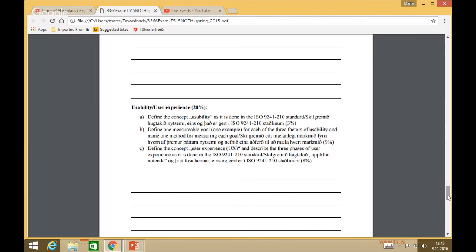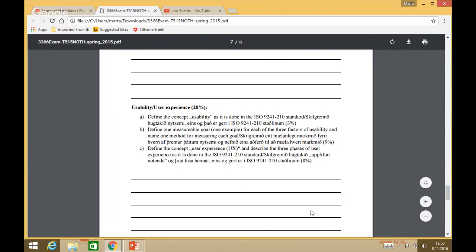So it's also broader because usability is more just during the use. You can only measure this while they're using this or right after. But user experience is a broader concept. You can see it in the slides. We had a whole lecture on this, so you should know.